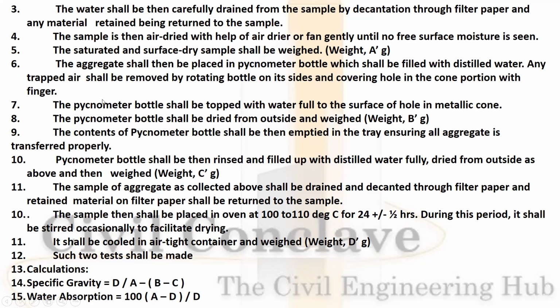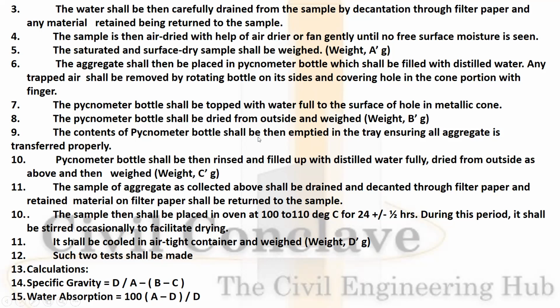The aggregate then shall be placed in the pycnometer, which shall be filled with distilled water. Any entrapped air has to be removed by rotating the bottle sideways. The pycnometer bottle shall be topped up with water and covered with the metallic cap. The bottle then shall be dried from outside and weighed, which is known as weight B grams.